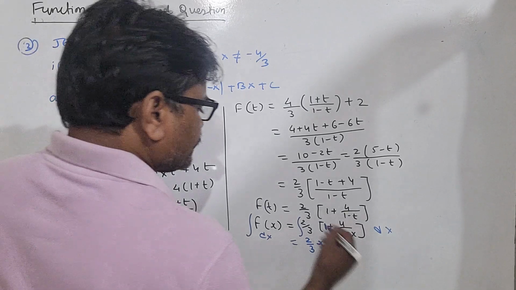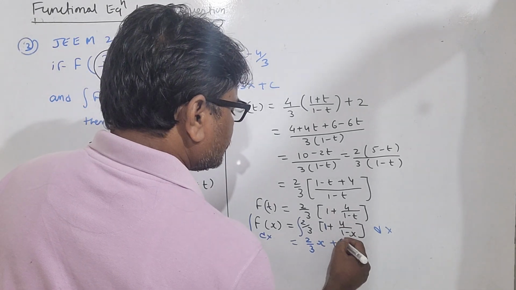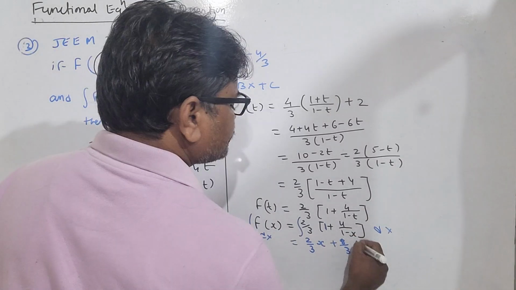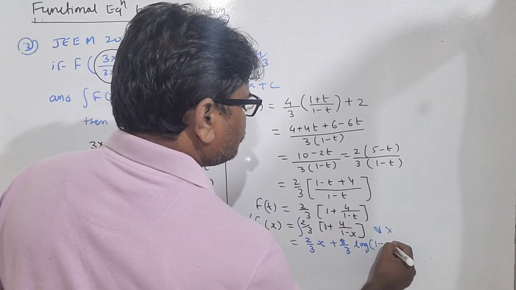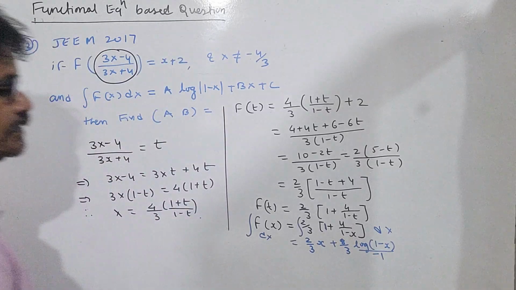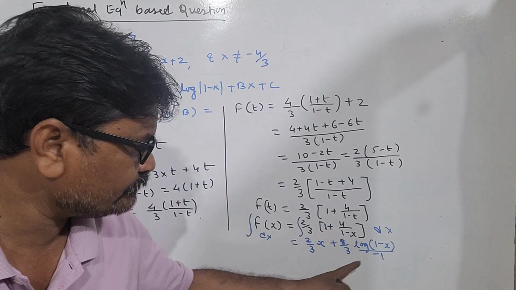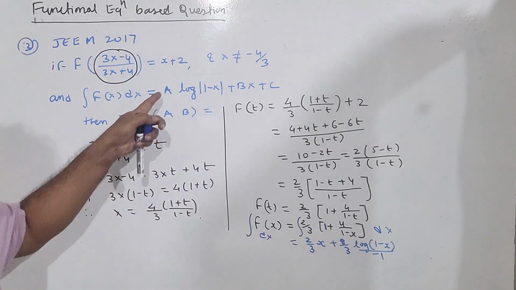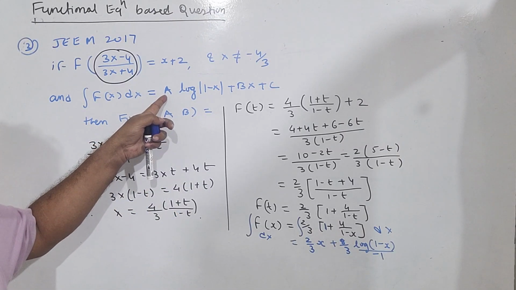And this 4 will come outside, so 8 by 3 and integration of 1 minus x is log of (1 minus x). Since minus x is there, therefore divide by minus 1. So this minus 1 will come over here and this will become minus 8 by 3. So therefore the value of a came as minus 8 by 3.